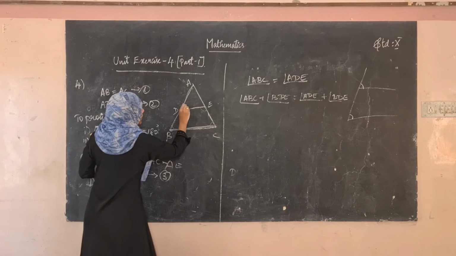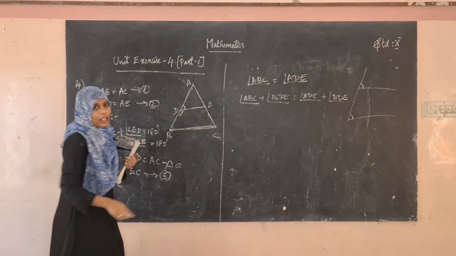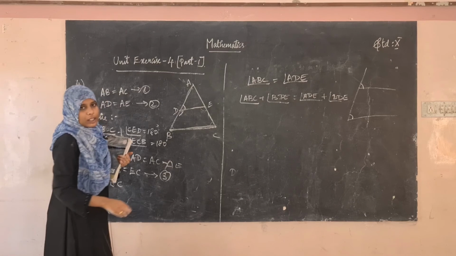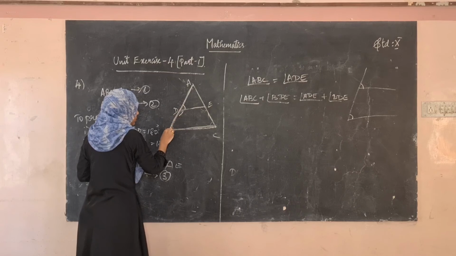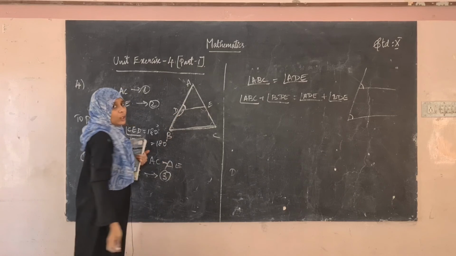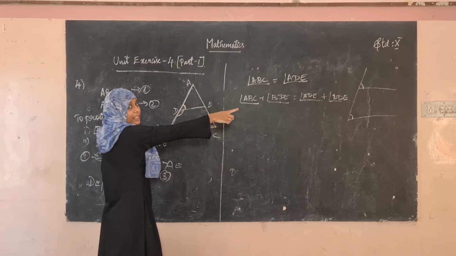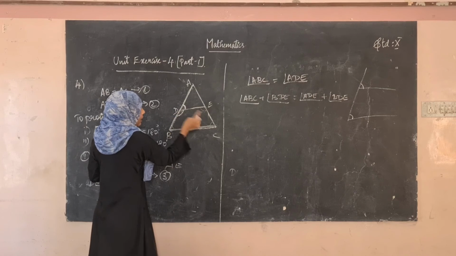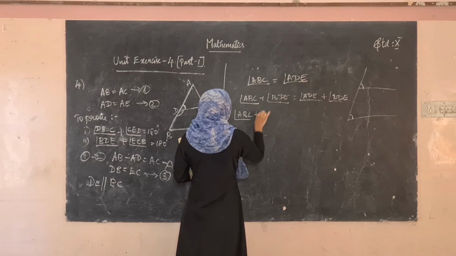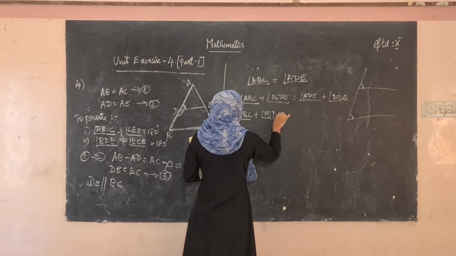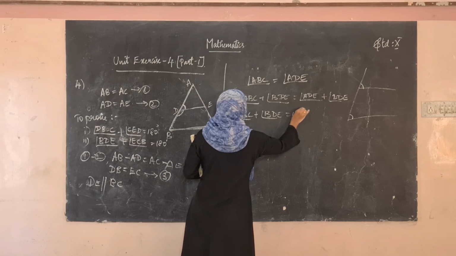See here, when these two angles are added, we know that it makes an angle of 180 degree. Yes, this is a straight line and this angle plus this angle will be equal to 180 degree. That is what we are having in the right hand side, ADE plus BDE. So instead of that we can take ABC plus BDE is equal to 180 degree.